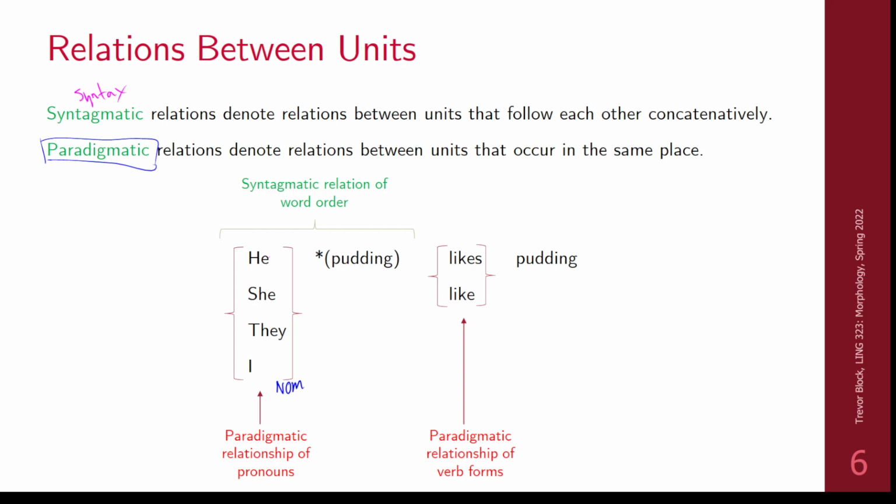Same with likes or like. We have different forms. It could even be is liking, which would be a progressive form. It could be had liked, which would be a perfect form. So we have these different forms we can use that are dependent on inflections. That's a paradigmatic relationship between these verb forms.